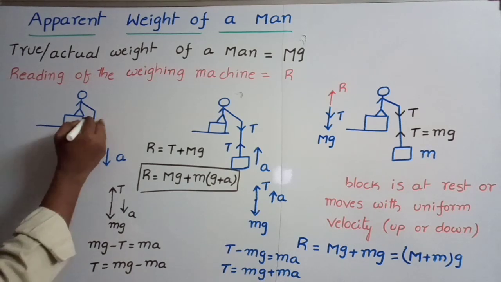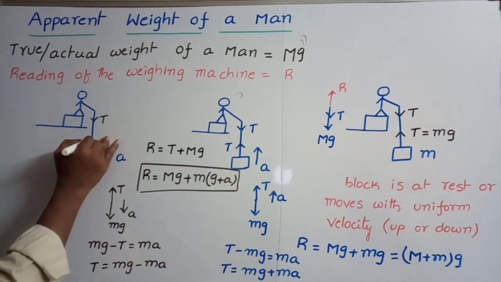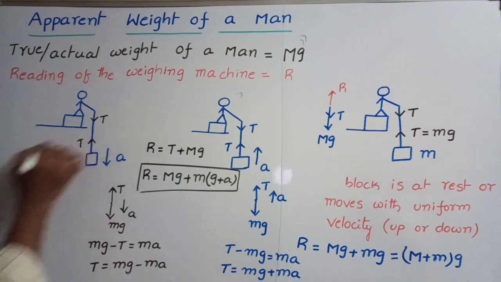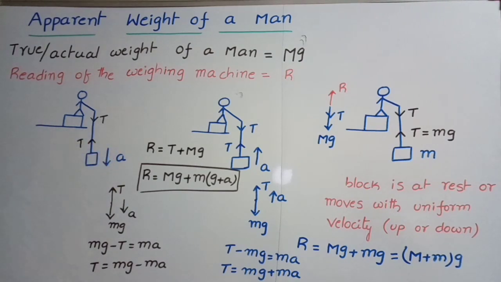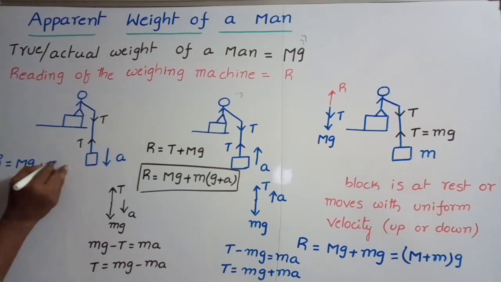The same tension tries to pull down the man in this string, tension T. So the reading in the machine R is equal to the weight of the person acting downward, mg, plus the tension also pulling downward.